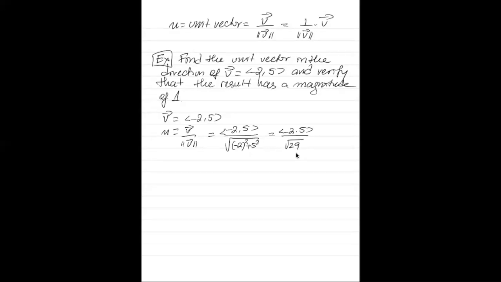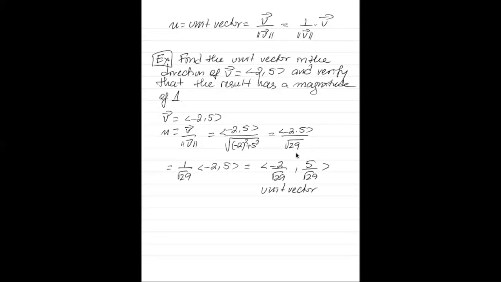Okay, so let me write this down, separate the number with the vector, and now multiply the number 1 over square root of 29 with the component. So negative 2 over square root of 29 and 5 over square root of 29. So this is our unit vector.